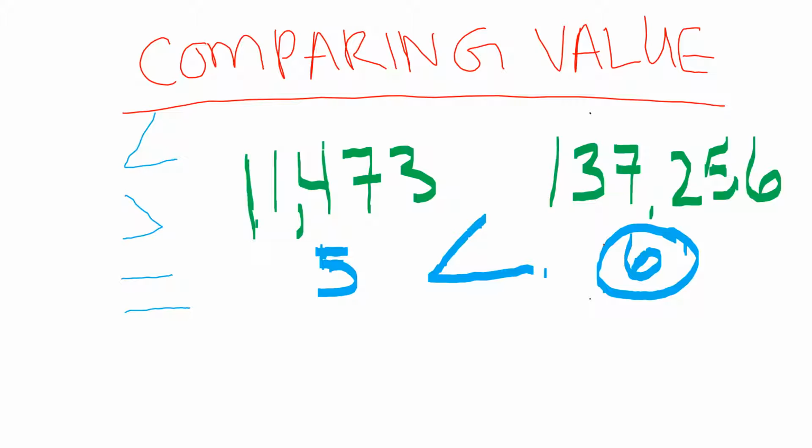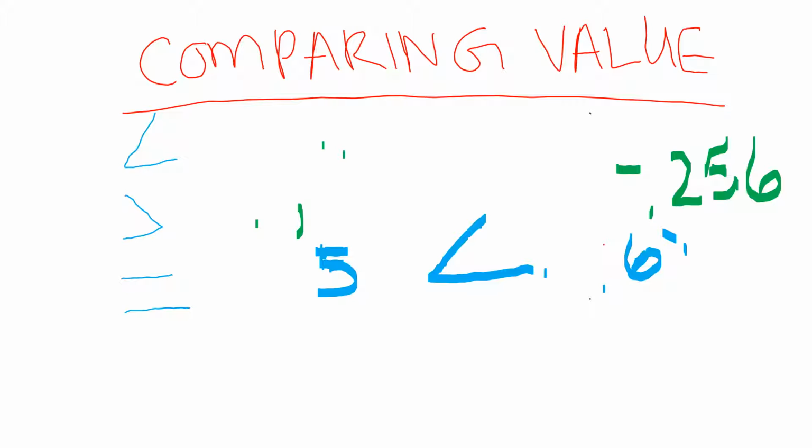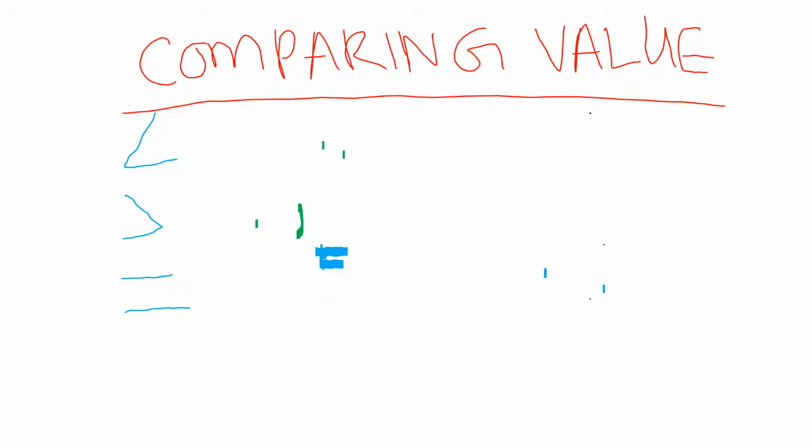Now, if you're in a situation where you don't necessarily know which numbers make up that number, then what you want to do is actually look at the numbers themselves.